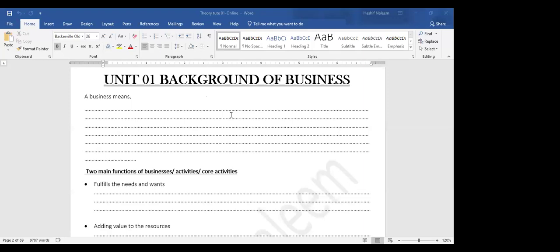Three things I connected: any economic activity which produces goods and services to fulfill human needs and wants. Three points I said. So that's the definition for a business.